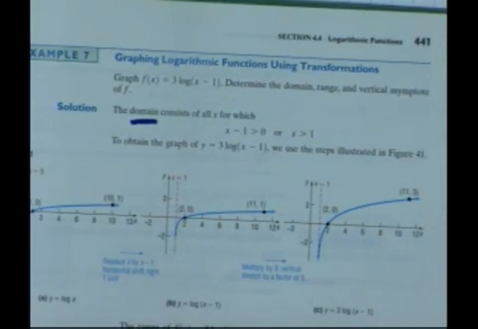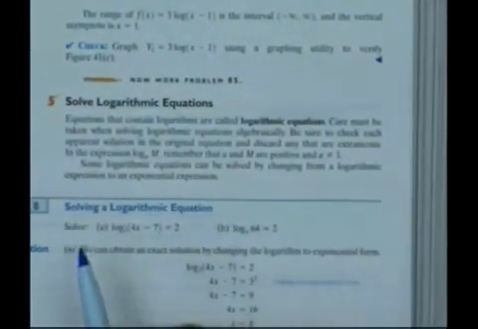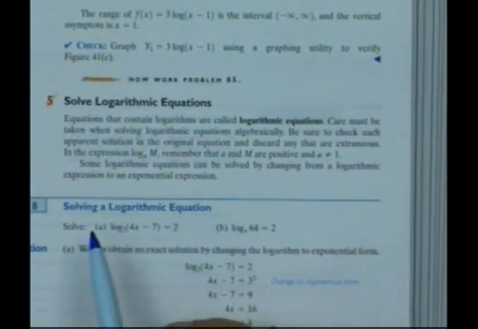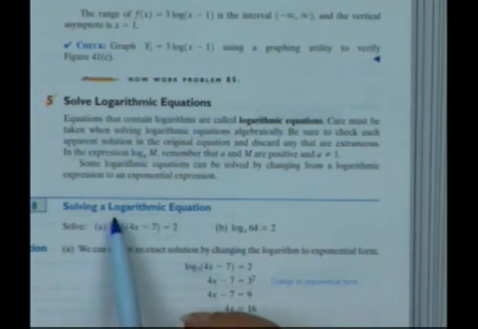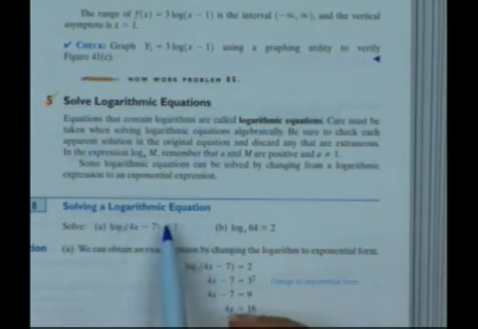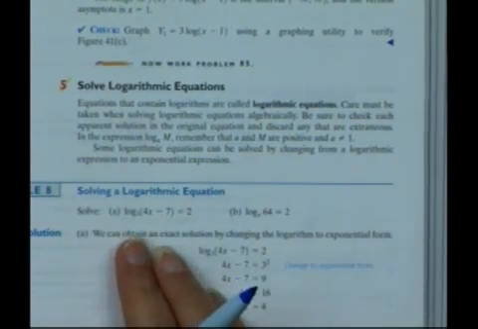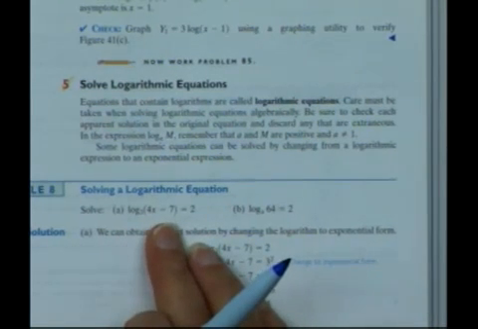Okay? And then the last objective, which is at the bottom of the page, is solving logarithmic equations. And what happens is, whenever you're solving a logarithmic equation, you're going to have to find a way to get rid of the logs so that you can get to the argument.